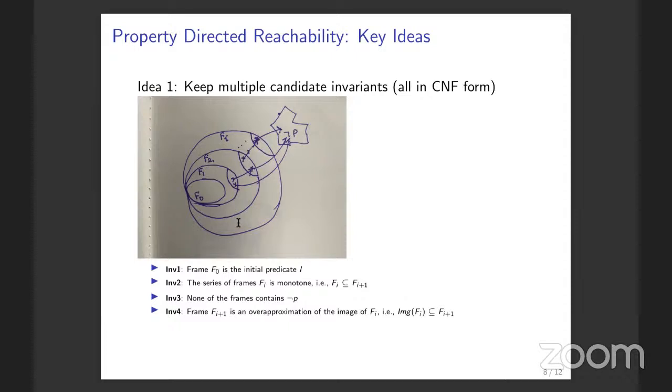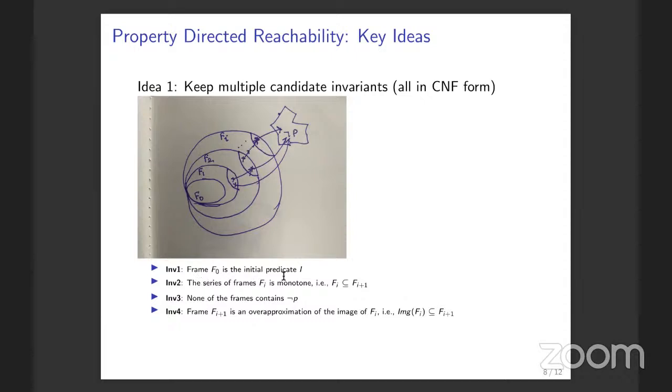The algorithm maintains at any point i frames, i predicates, which can be potential candidate invariants. They satisfy these four properties. The algorithm is described such that it preserves these invariants.